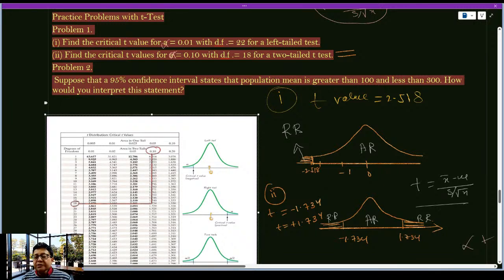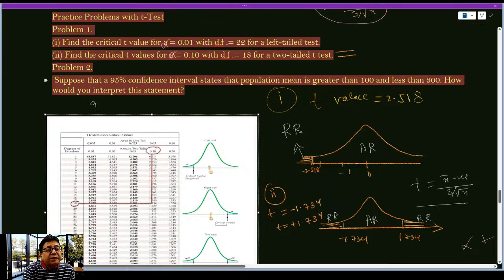What do you say about this? This means 95% chance is there that population mean will lie between 100 and 300.